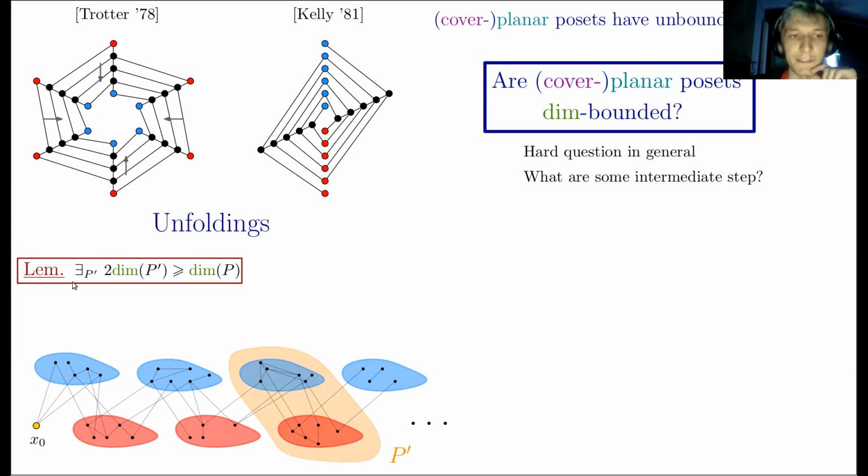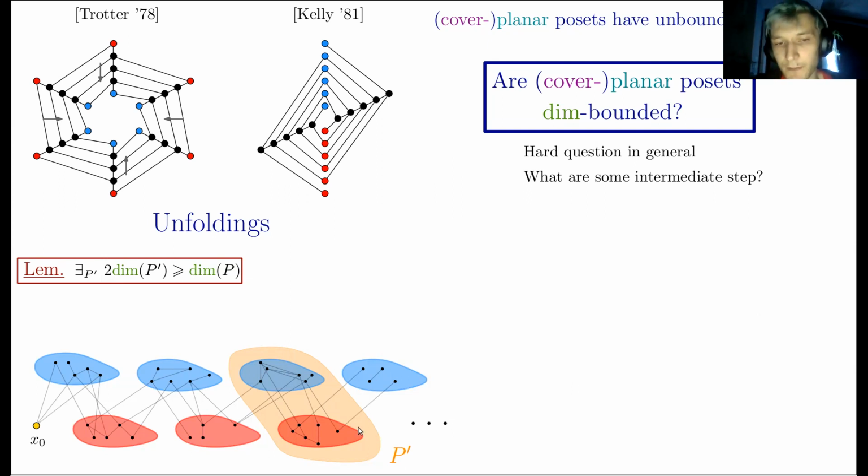This is what this lemma says. So there exists a pair P', which can be tilted this way or the other way, but let's assume for simplicity that it is tilted this way, and its dimension times 2 is at least the dimension of P. So it carries a lot of dimension. Okay, and how does it help?